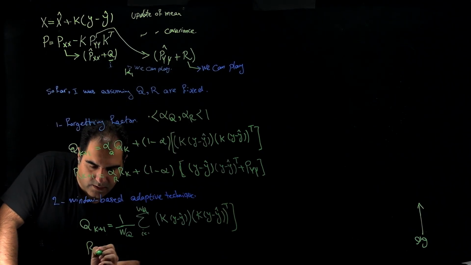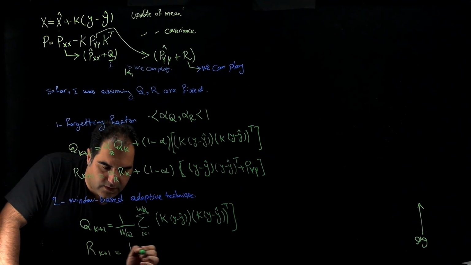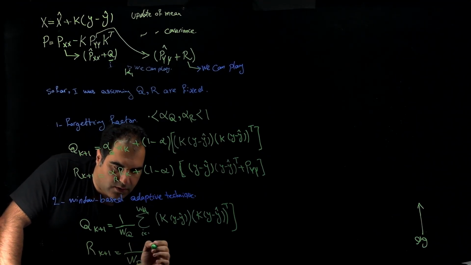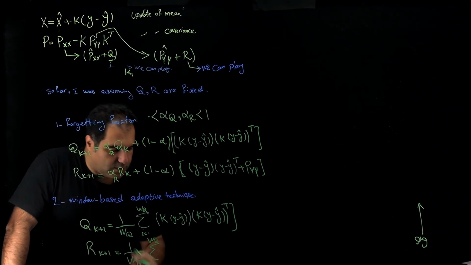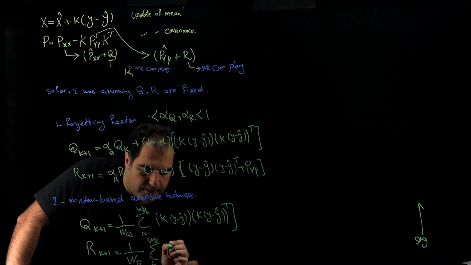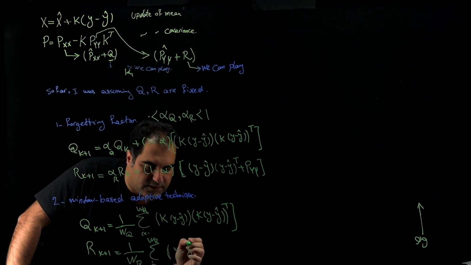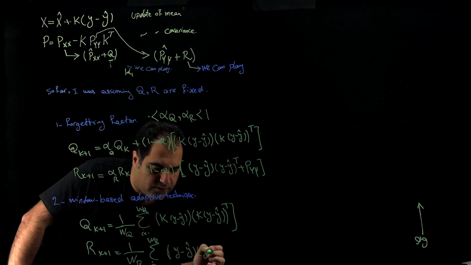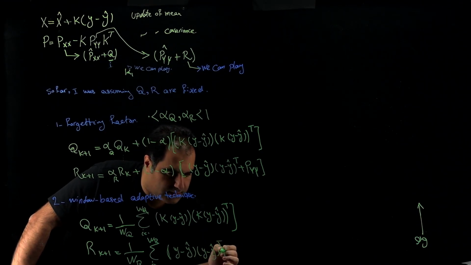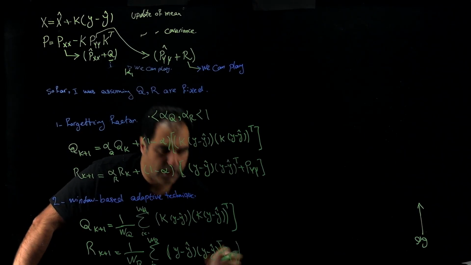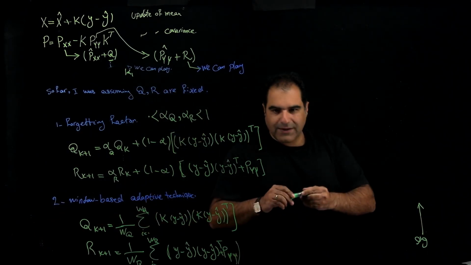And we have the same thing for R at k plus 1, which is 1 over window W_R, summation of i equal to 0 to W_R, of (y minus y hat)(y minus y hat) transpose plus P_yy. Okay. What does it mean?